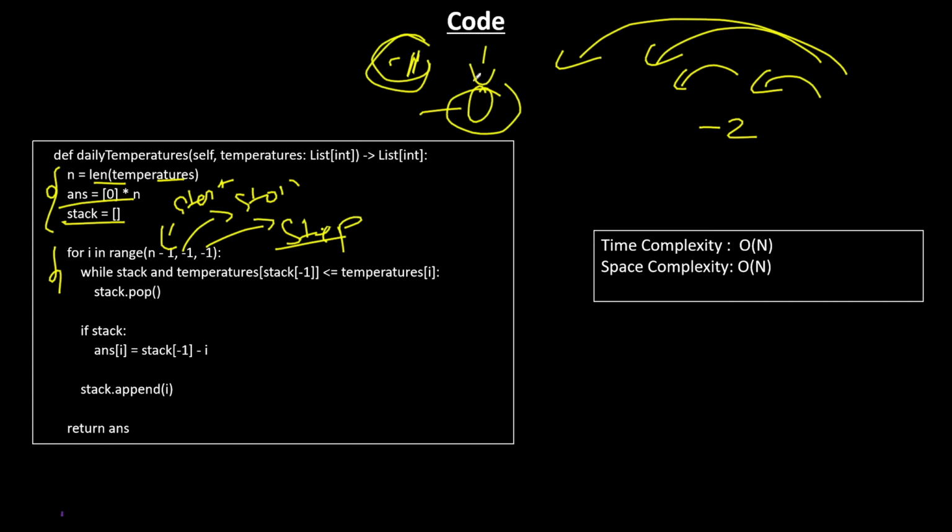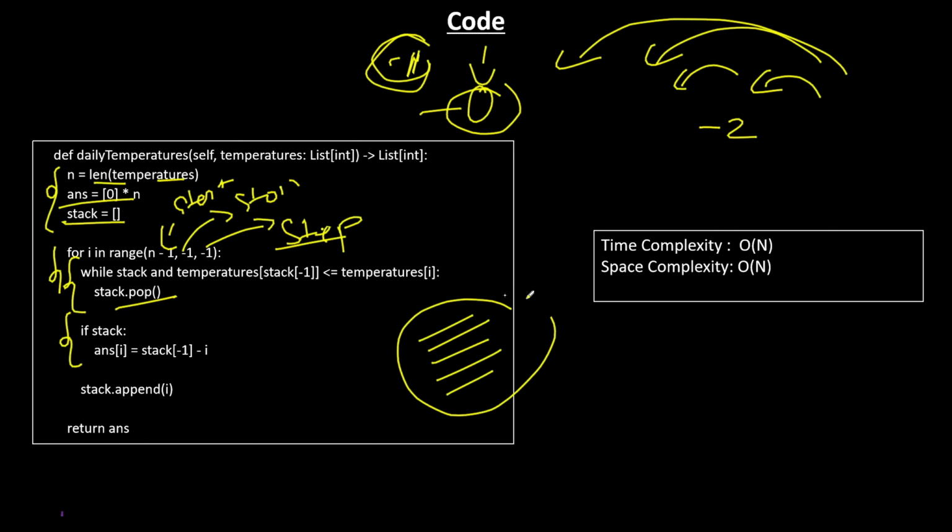Okay. And now, as you can see here, when the condition is true, we pop. Otherwise, the condition is false, and we push into the stack, right? Basically not false, you can say, because there might be a situation where you keep on popping and the stack becomes empty. If the stack becomes empty, this condition is not true, so you come here and just push it into the stack.